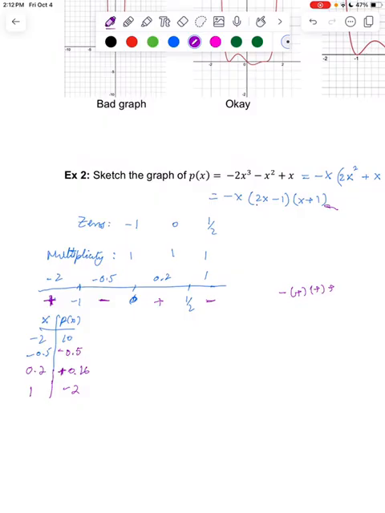So what is the end behavior here? Although you should be able to see the end behavior from the sign chart, it's still a good idea to mention the end behavior separately.